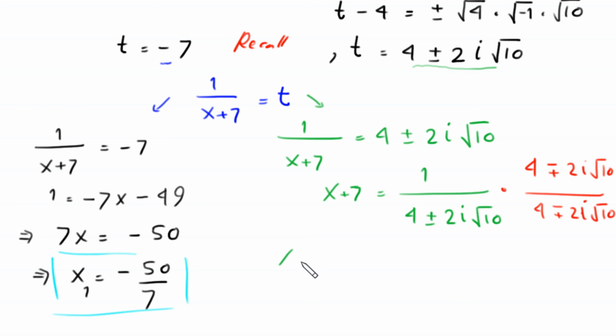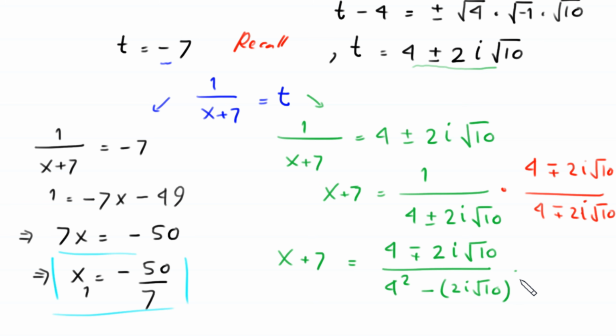So this will become x plus 7 equal to 1 times this expression, 4 minus or plus 2i times root 10, divided by 4 squared minus 2i times root 10 whole squared.